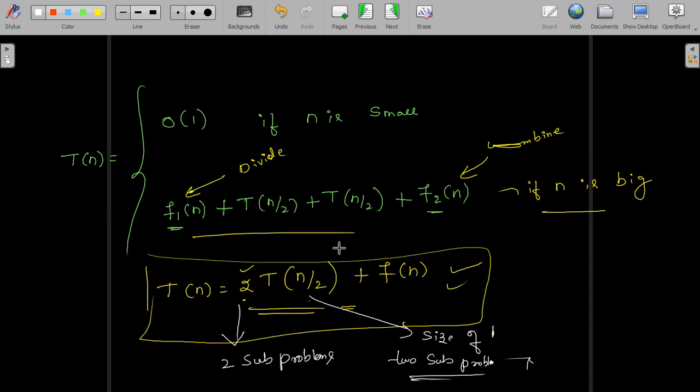Clear, guys? Everybody clear? See, from where to where we came. Understand? From where we started and where we are coming here. Now it is very easy to find the time complexity or not.